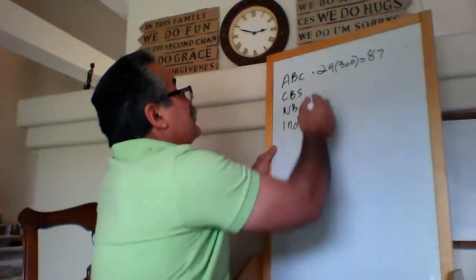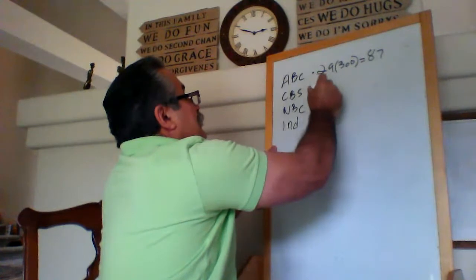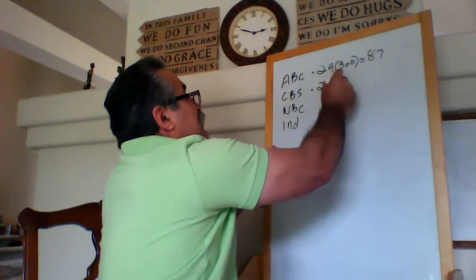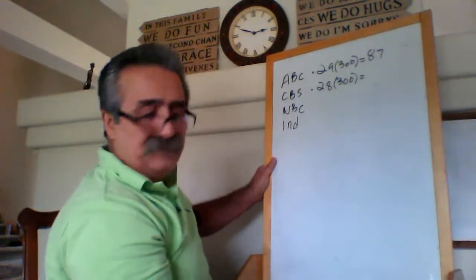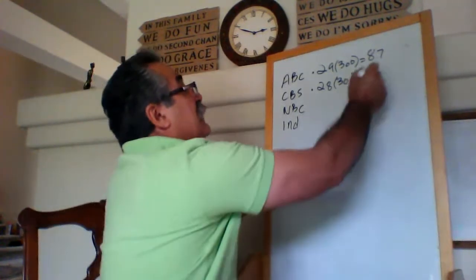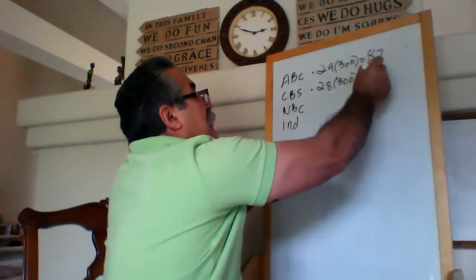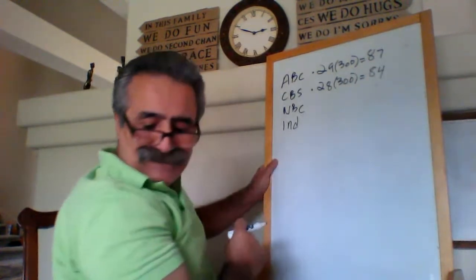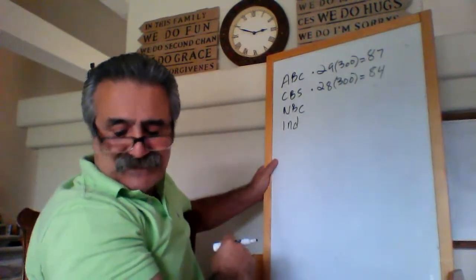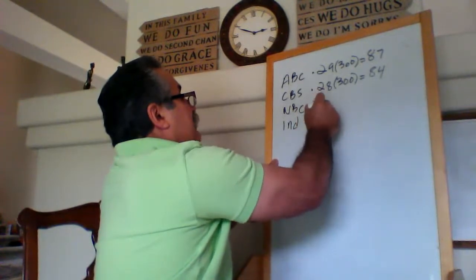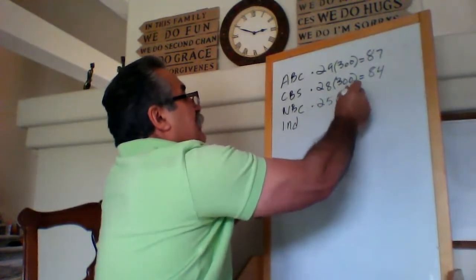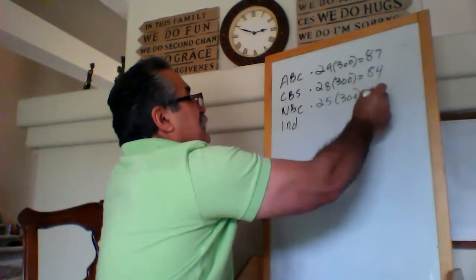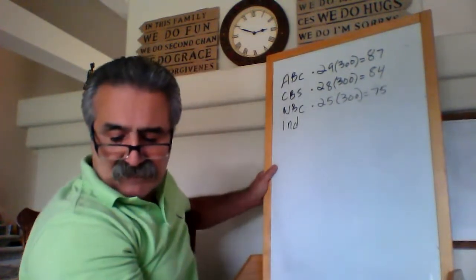And then CBS is 28% times 300. That would be 84. NBC is 25%, that's 0.25 times 300. That's 75.